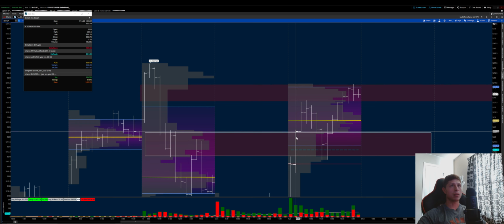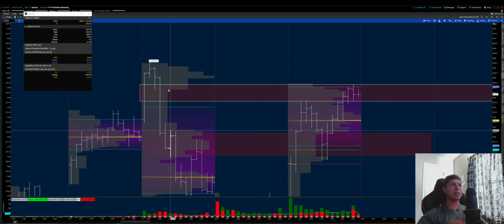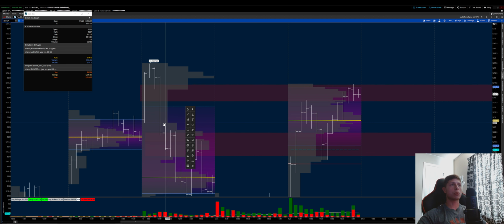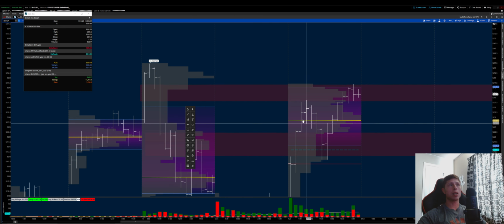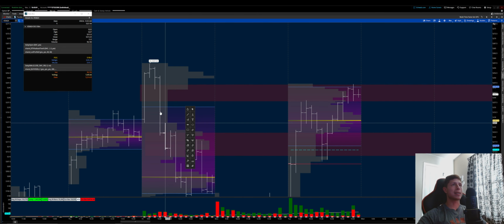Price was accepted there. We pushed up to an area where there isn't much volume, right? There wasn't much volume in this whole area here, from 52.27 to 52.44.25, not a whole lot of volume or price accepted in that area.